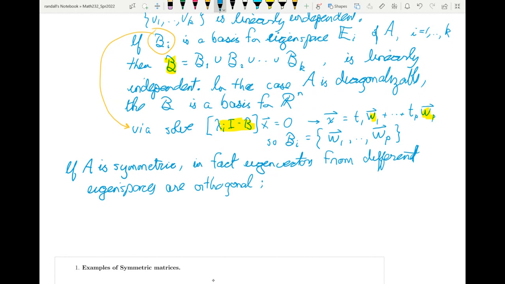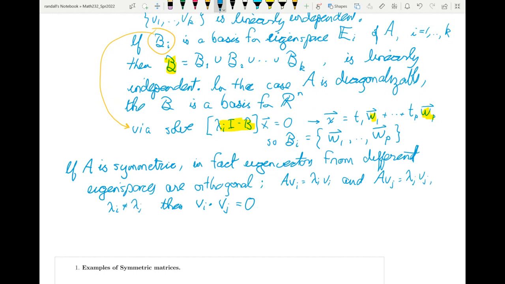Okay, so in other words, if A vi equals lambda i vi and A vj equals lambda j vj, where lambda i is distinct from lambda j, then vi dot vj will be 0.